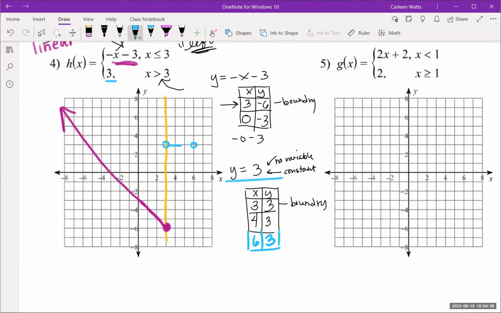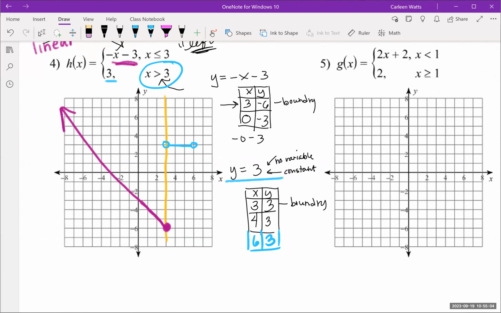Okay, now we need to decide what the endpoints look like. How about this one? Open circle, closed circle, or arrow? Nice. Open circle, closed circle, or arrow? Open circle, right?